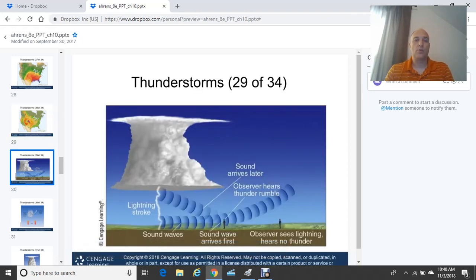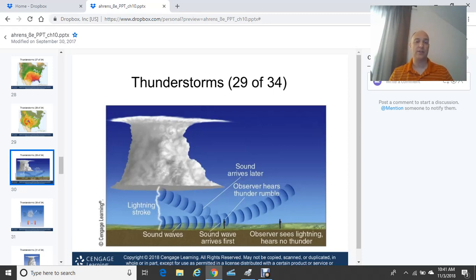All right, so this image here is showing you that rule. When you see the lightning and then you hear the thunder, on average, 1 mile is equal to 5 seconds. So if you see a flash of lightning and it takes 5 seconds before you hear the thunder, then you know that the lightning was basically 1 mile away. Let's say you see a flash of lightning and you hear the thunder about 10 seconds later.